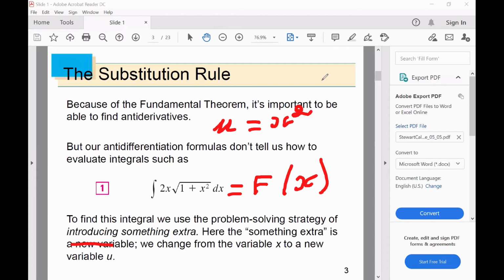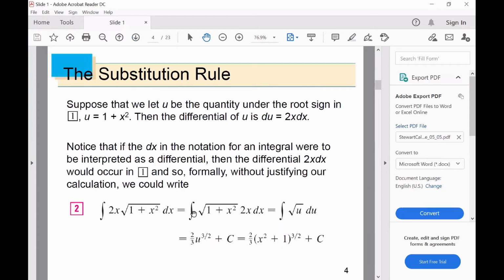When we assume u equals x squared, what can we do? I can assume u equals 1 plus x squared, that means the term inside the root.